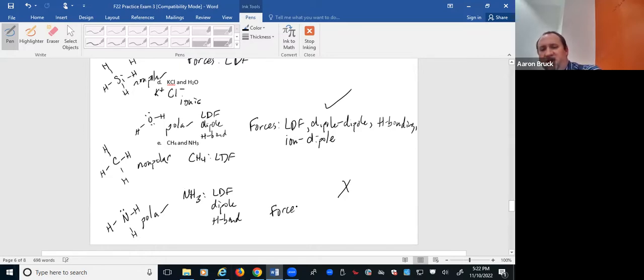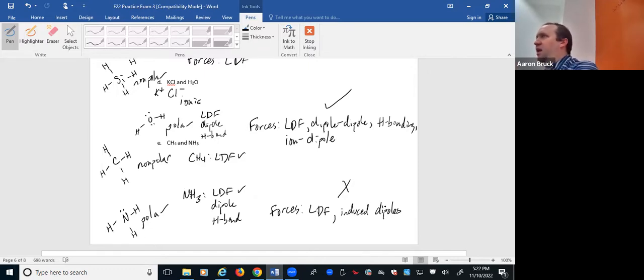The only forces in play, however, are the ones that are in common. London dispersion forces. We could make an argument that there are induced dipoles also. Remember, we talked about induced dipoles when a polar substance and a non-polar substance come into close arrangement with each other.